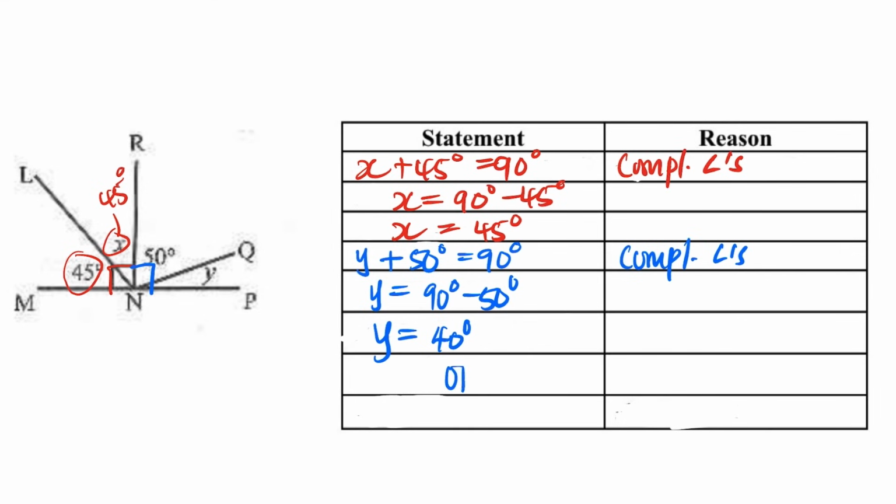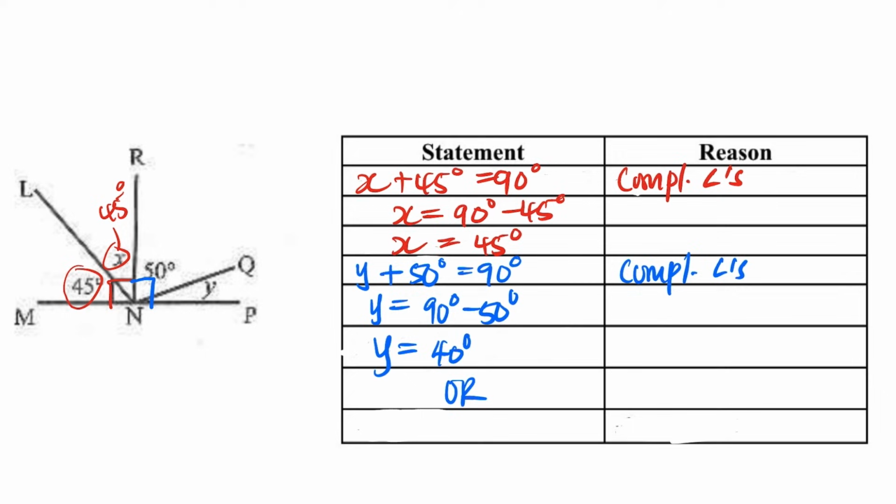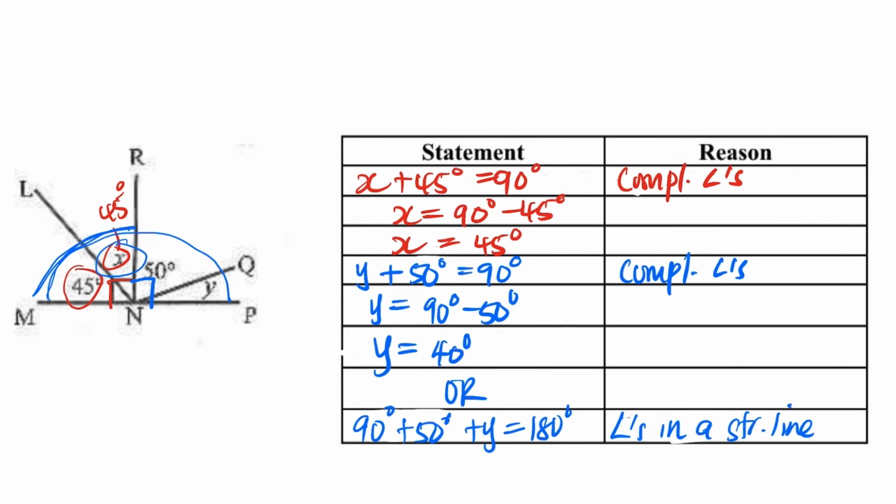Alternatively, you can calculate this by adding all of them, because you have this 45 here, so 45 plus 45 makes 90. You can say 90 degrees plus 50 degrees plus y equal to 180. These are angles on a straight line, or supplementary angles.